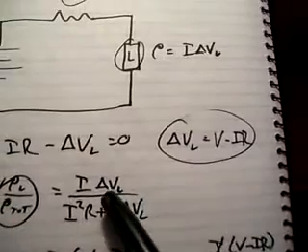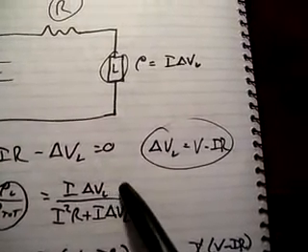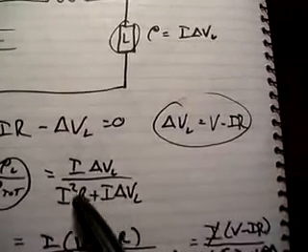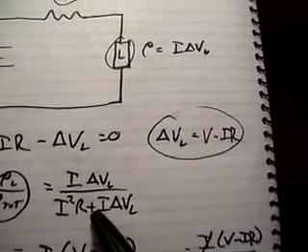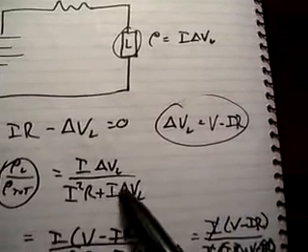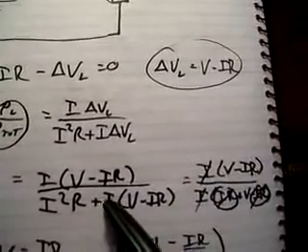So I got this expression, which is the power of the load, I times the voltage across the load, over the I squared R loss, the joule heating, plus the power across the load, which is the total power. And then just algebraic manipulation, nothing crazy.